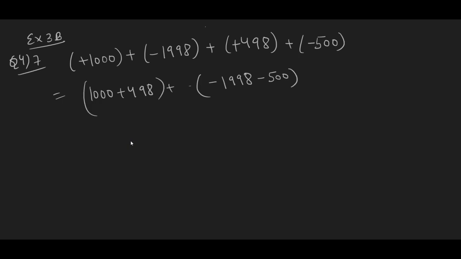On adding 1000 and 498 you will get 1498, and minus 1998 minus 500 will give you minus 2498, and on subtracting 1498 from this you will get 1000 but with a negative sign.